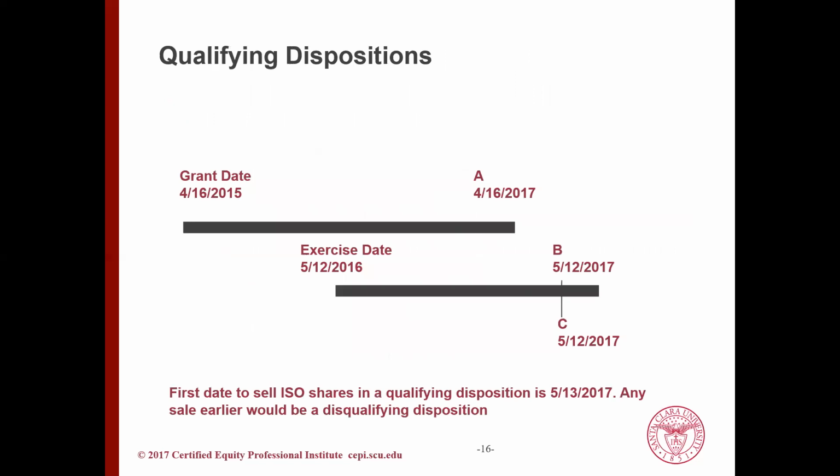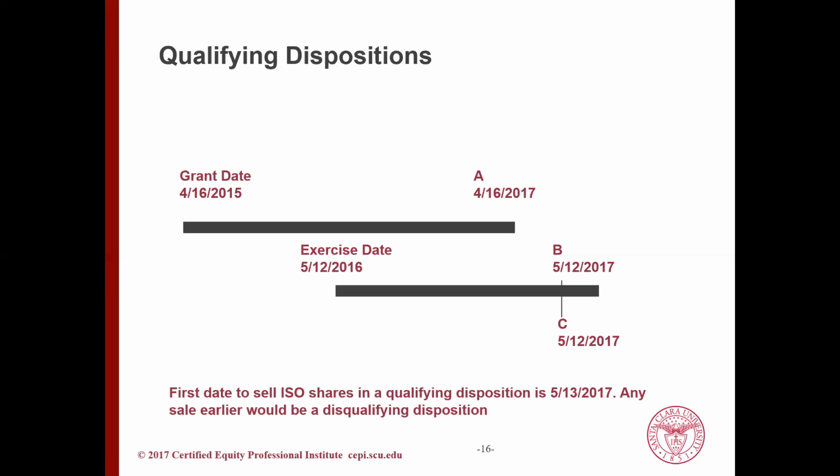And here's a nice little chart showing the overlapping of the 1-year and 2-year holding periods. Note that the 2-year holding period is met on 4/16/17, but since the shares were exercised on 5/12/2016, they still need to be held for a year after exercise in order to meet that holding period.